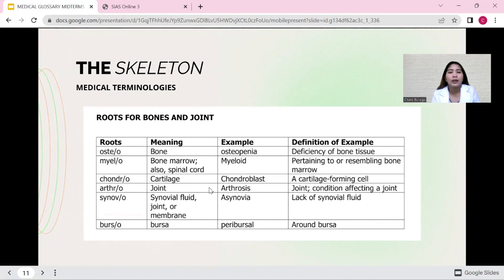Arthro, joint, arthrosis, or condition affecting a joint like arthritis. Synovo, or the synovial fluid, it is a joint or membrane. Asynovia is the example, it's lack of synovial fluid. Burso, bursa, peribursal, around bursa.